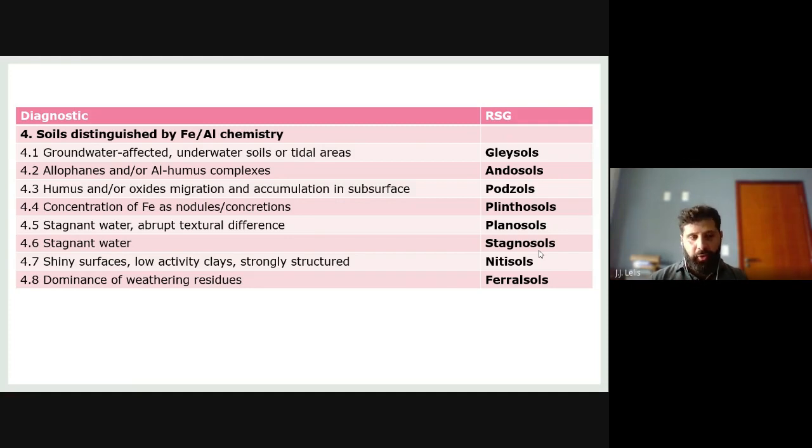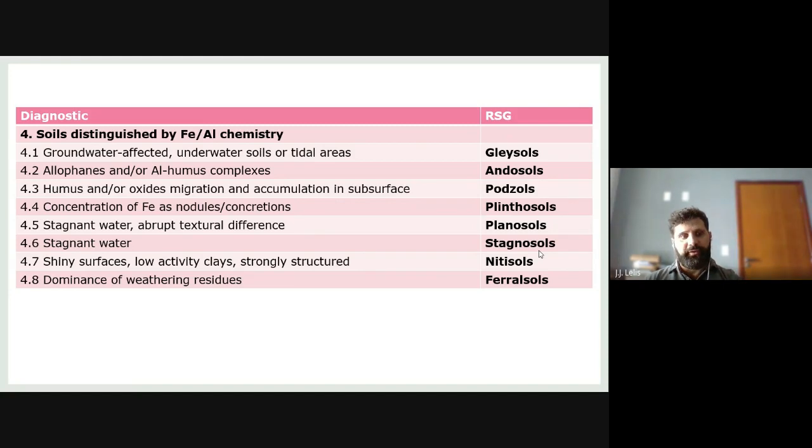We have a low content of sand and a high quantity of clay that create a strongly structured horizon and create these shiny surfaces.